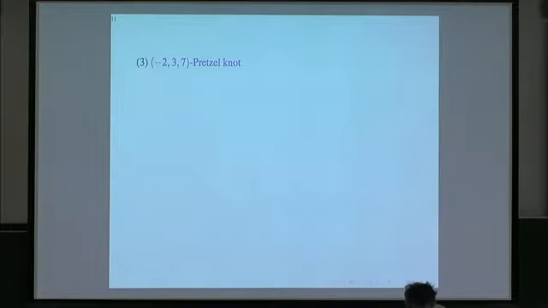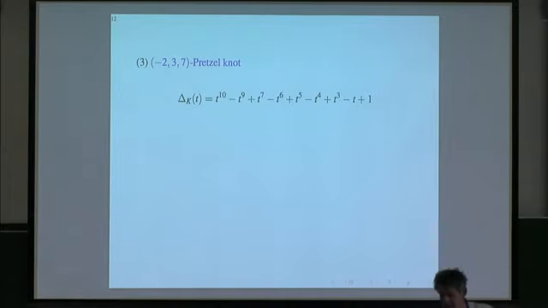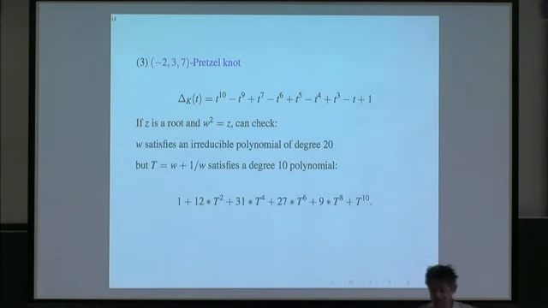And the case of the minus 2, 3, 7 pretzel knot is rather splendid. The Alexander polynomial for this guy is, up to a sign, the famous degree 10 polynomial of Lehmer, the candidate for the smallest Mahler measure. In this case, if you take Z to be a root and take W squared equals Z, W satisfies an irreducible polynomial of degree 20, but W plus 1/W satisfies this degree 10 polynomial.